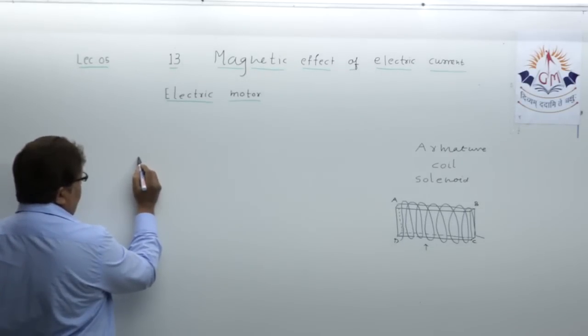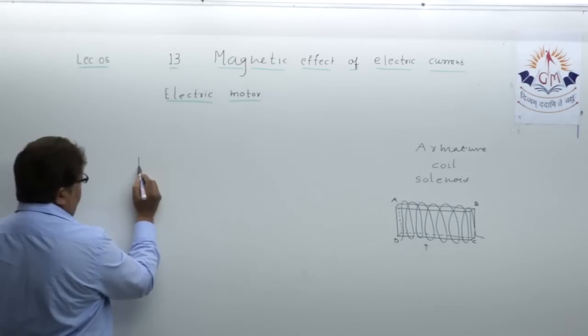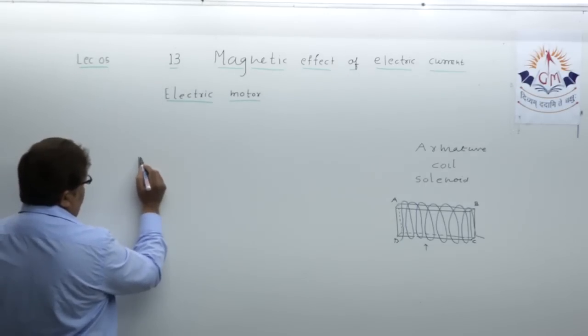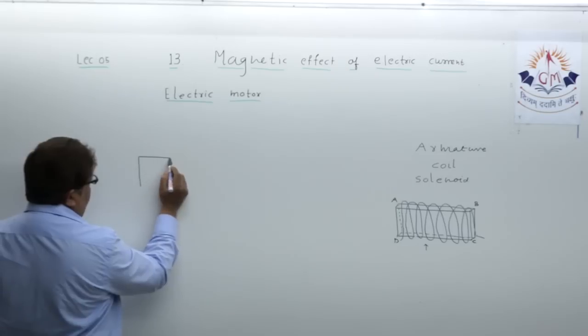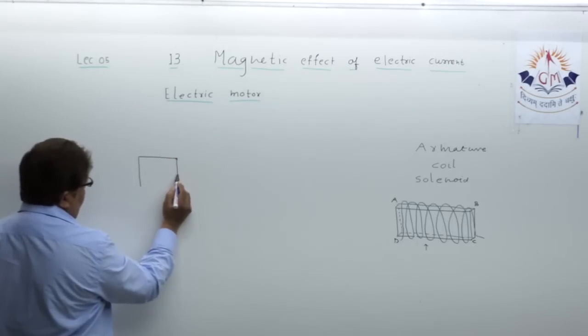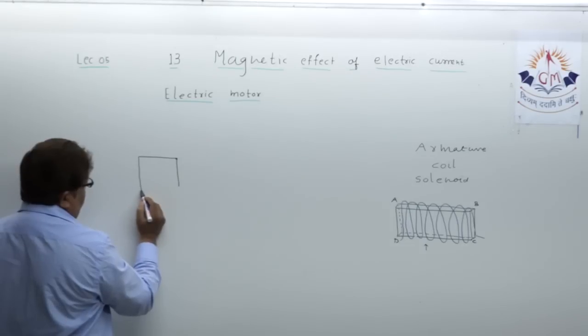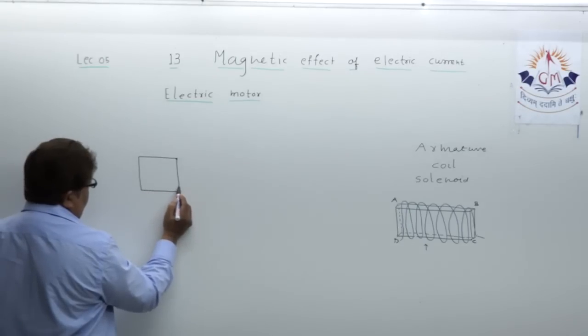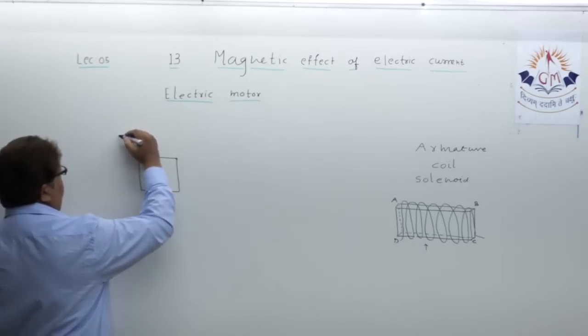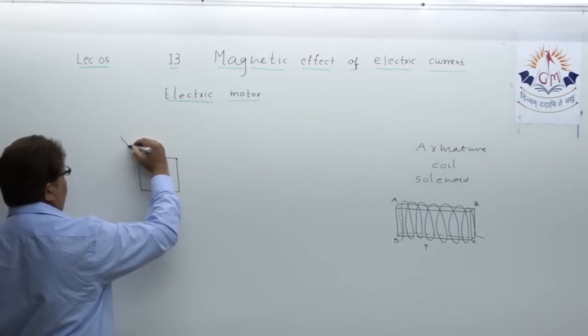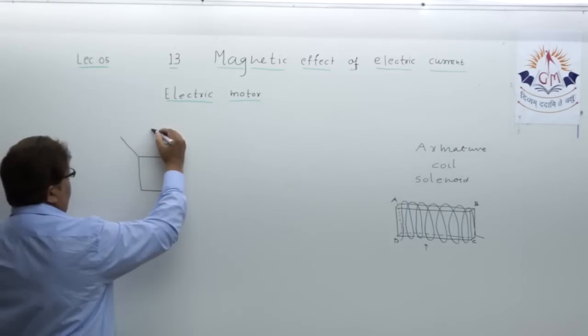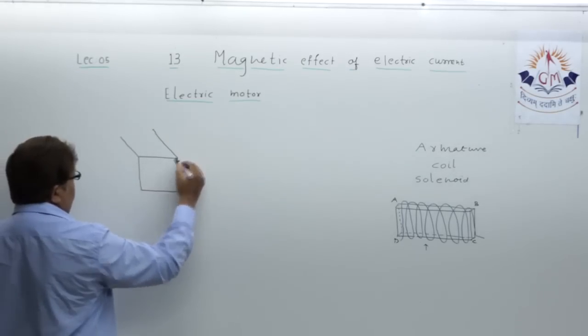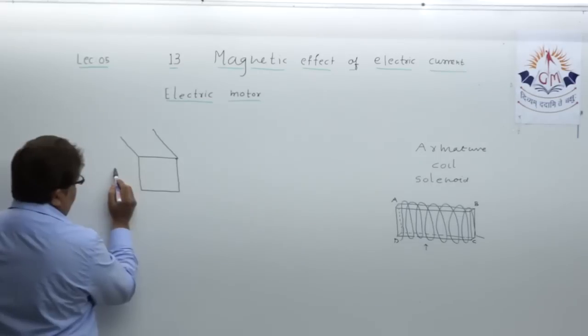Suppose, let us try to draw both the poles of the magnet. This is one pole of a horseshoe magnet.